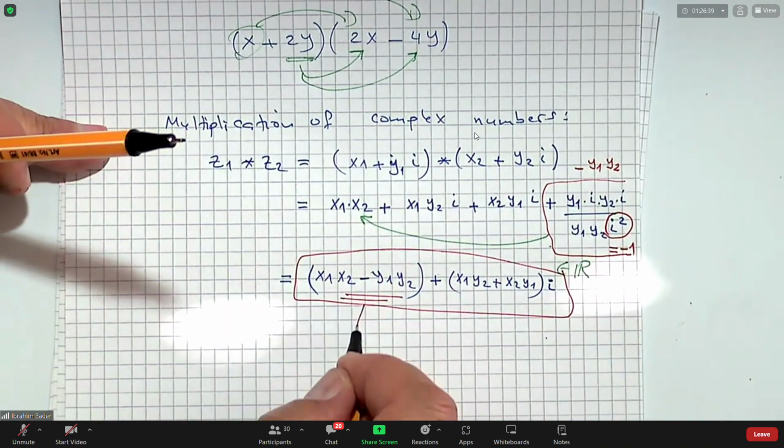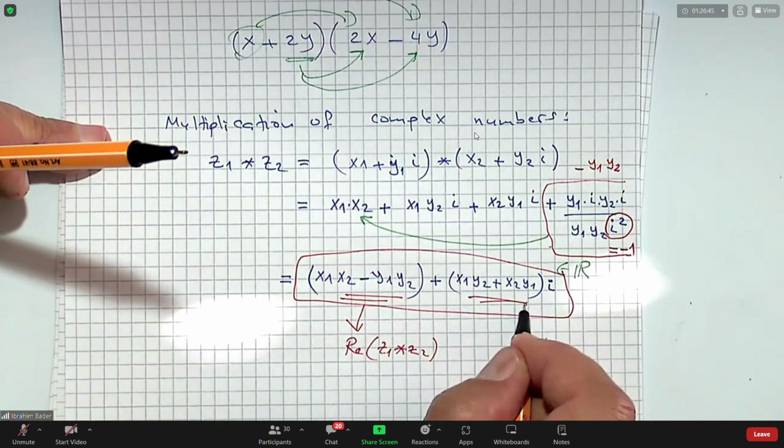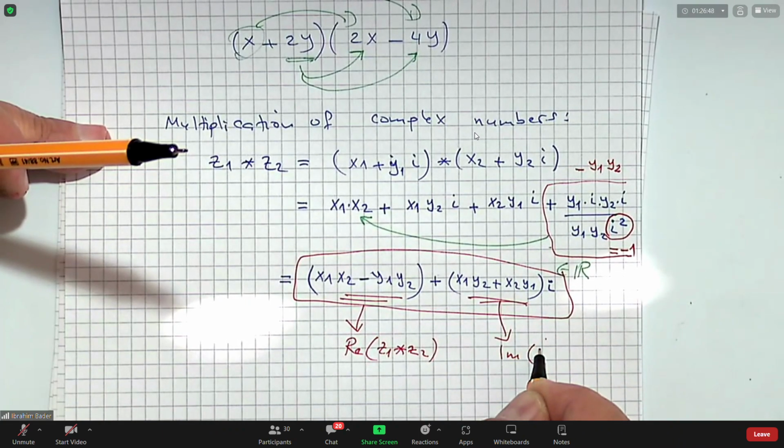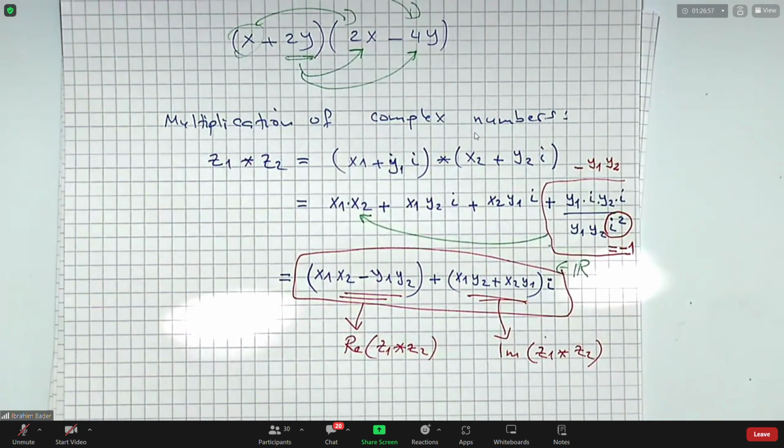This is the real part of z1 z2, and this is the imaginary part. So in other words, if I want to multiply two complex numbers, I multiply the first real component with the second, subtract from it the first imaginary component times the second imaginary component, and then for the imaginary part alternate x, y: x1 y2 plus x2 y1.